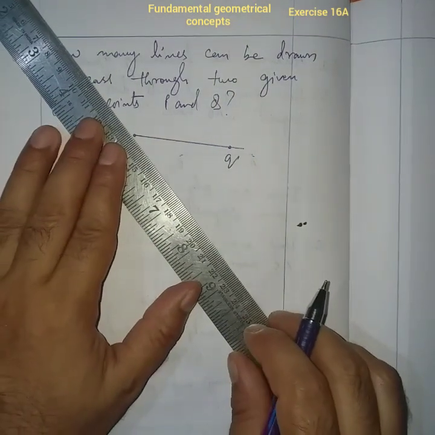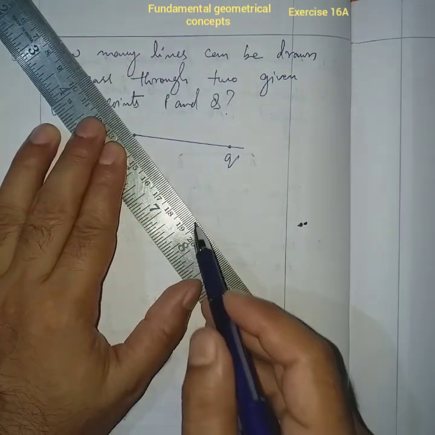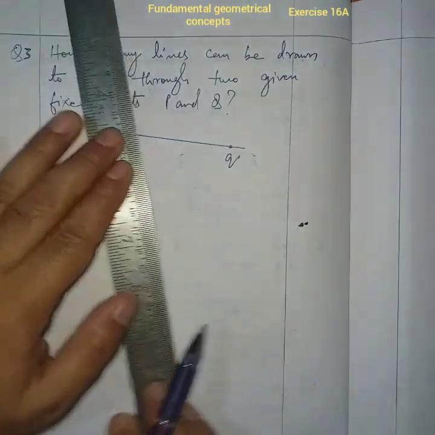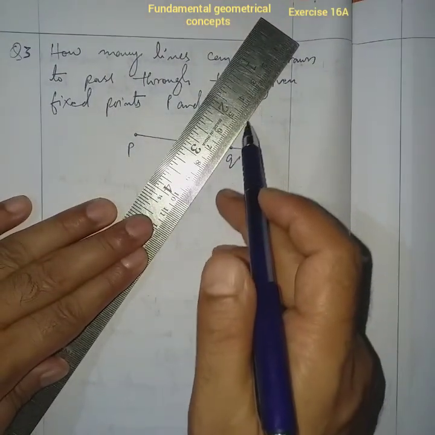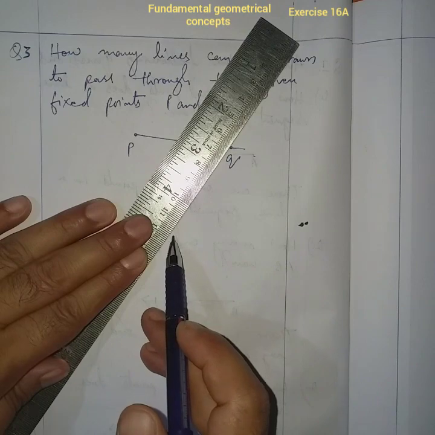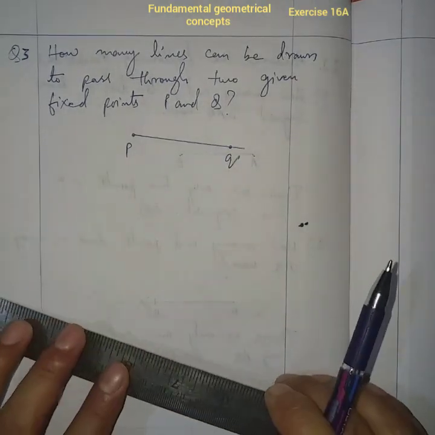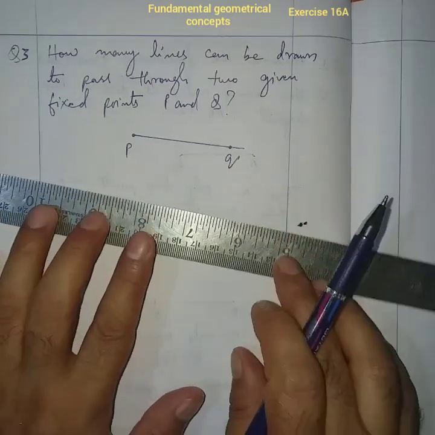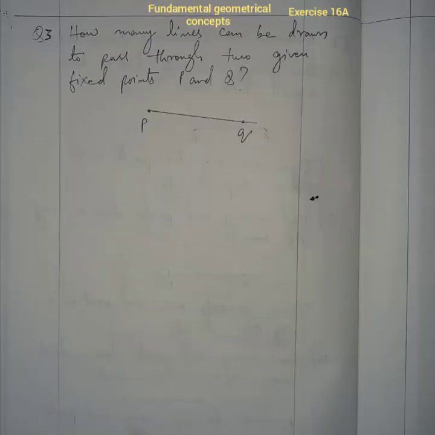If I draw line passing through this point P, it will not meet Q. If I pass a line through this point Q, this will not meet P. So the possibility is only one, that one line can pass through these 2 points. Okay.